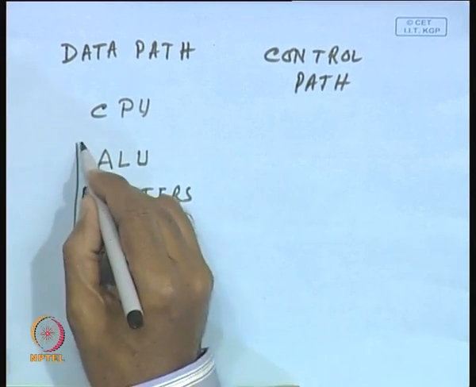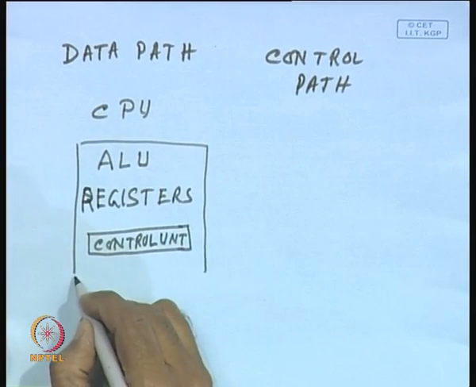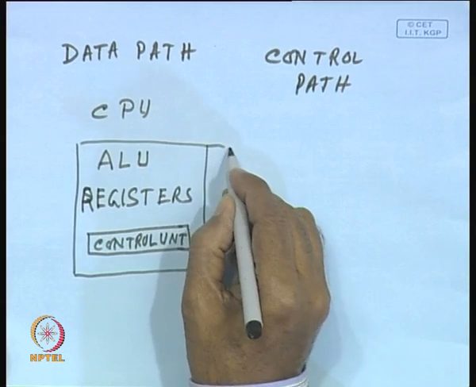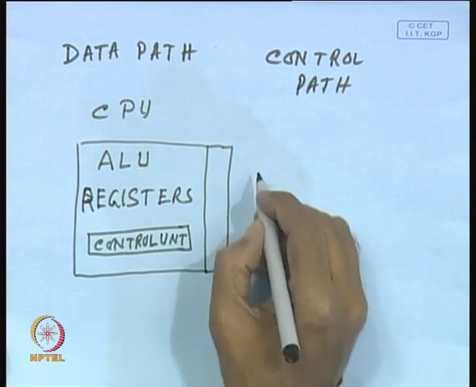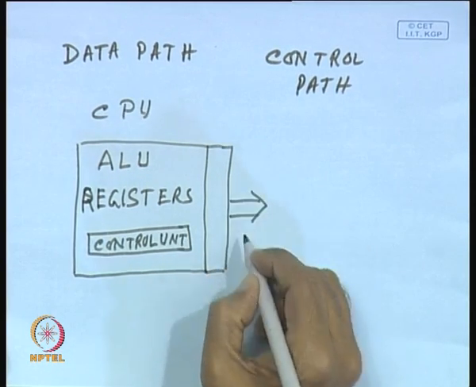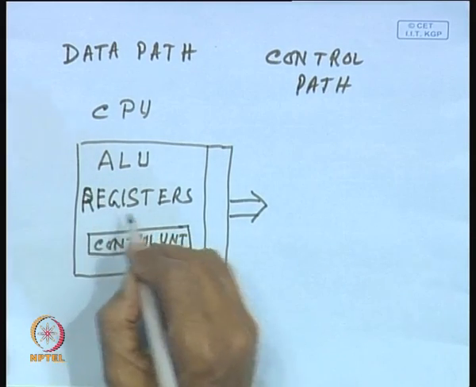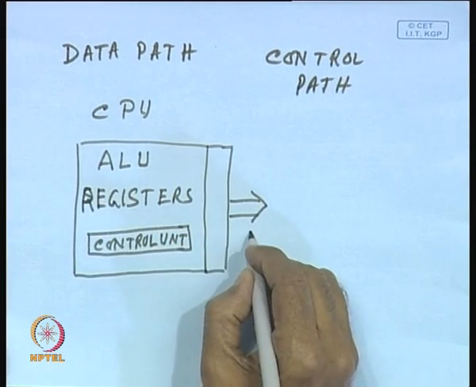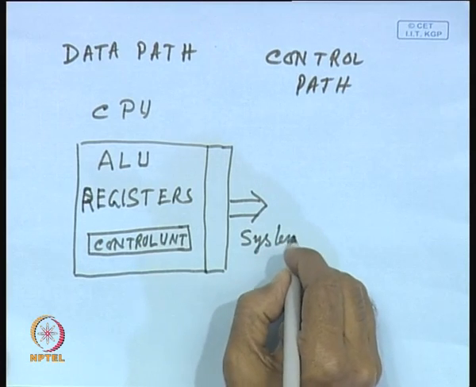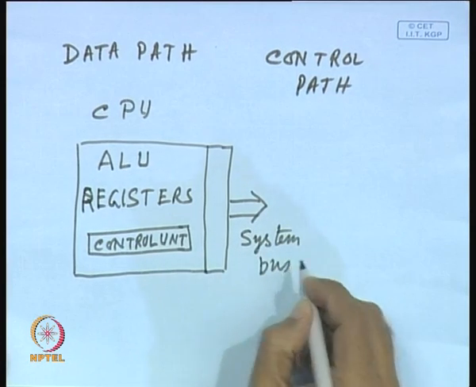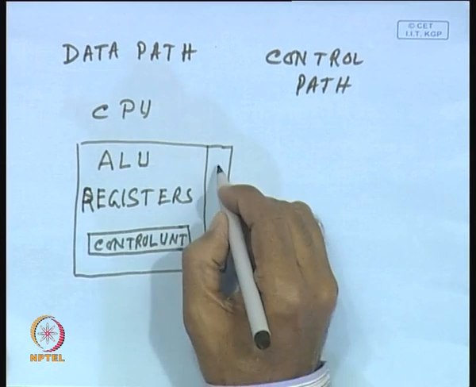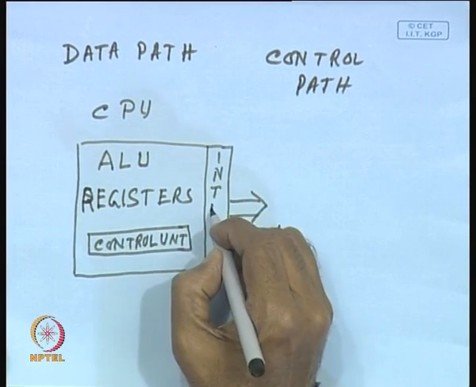Then the whole thing is known as central processing unit, and of course, you will require some interface for connecting to the outside world, and it communicates with the outside world through a bus known as system bus. As you know, it comprises of address lines, data lines and control lines, and this is that interface.